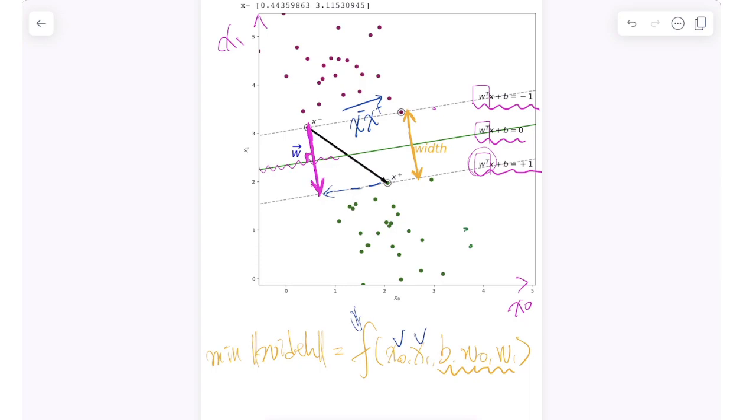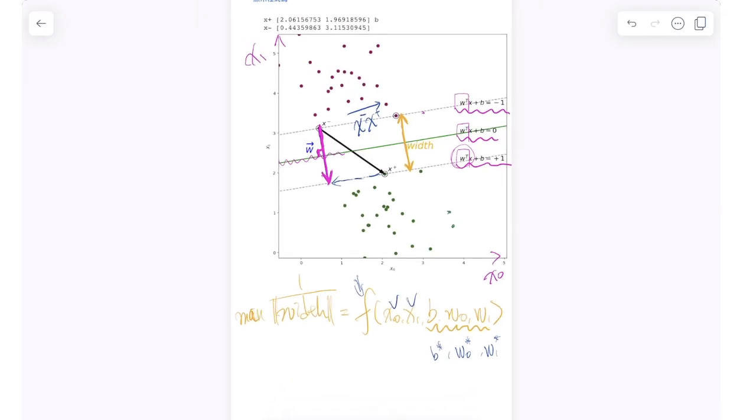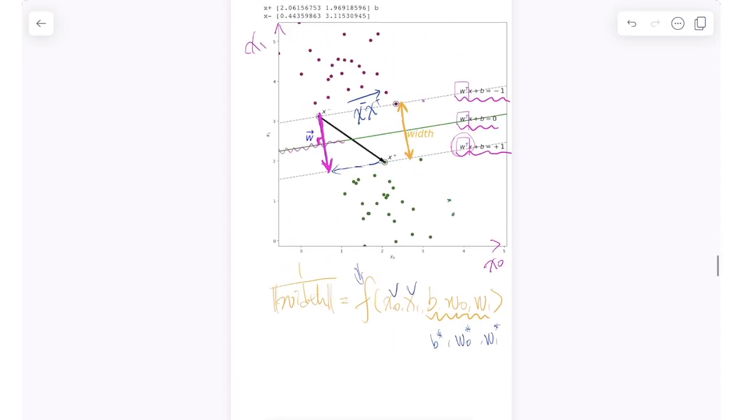So again, we can still find what B star, W0 star, and W1 star are, which give the maximum width.